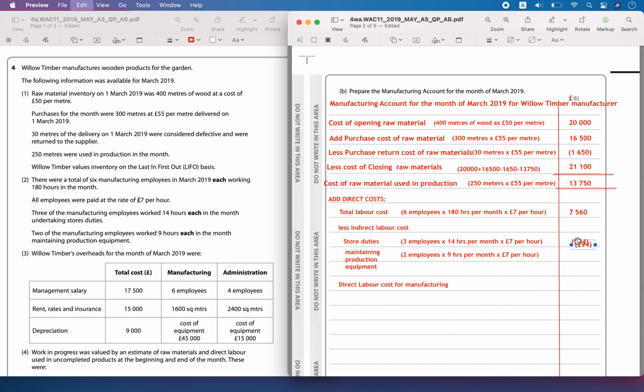And the next one, 2 into 9 into 7, that is equal to 126 pounds.